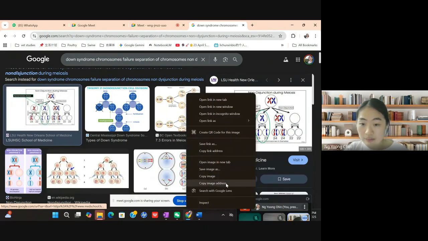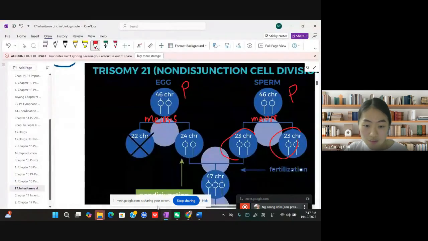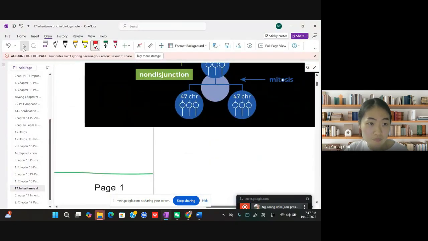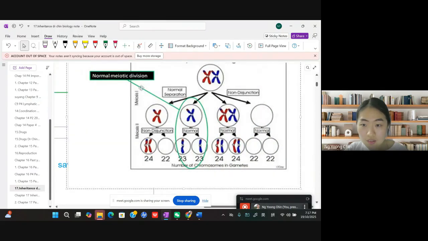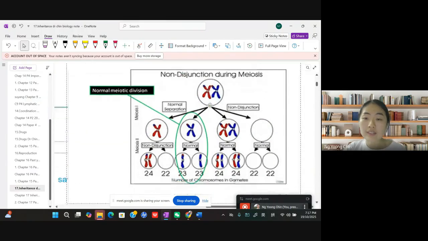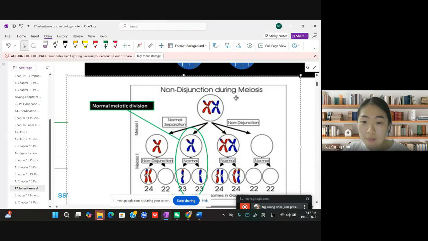Okay, I think I better use this picture. So you can see what happened in the meiosis.